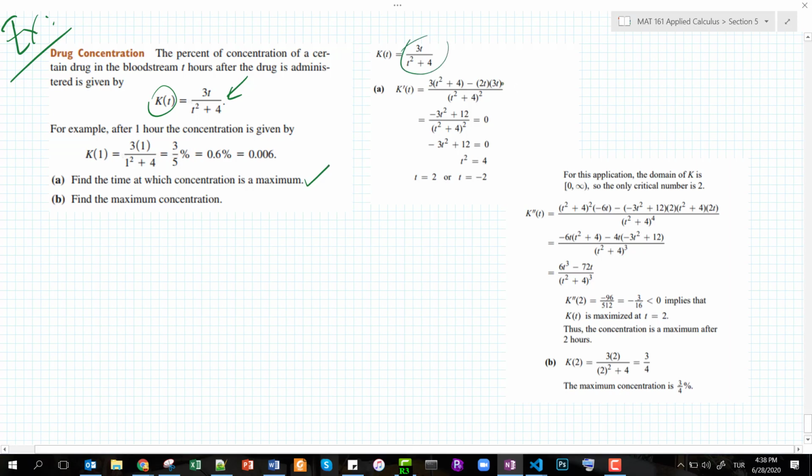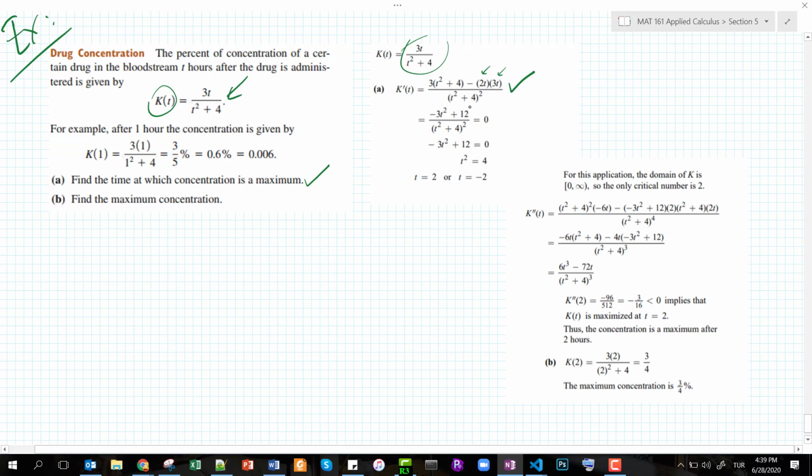Since this is a rational function, when I take the derivative, I need to apply the quotient rule. Take the derivative of the first one, which is 3, and multiply by the second one, then put the first one without modifying it, multiply by the derivative of the second function on the bottom, and divide by the square of the bottom part.